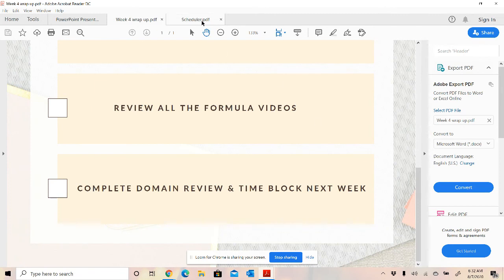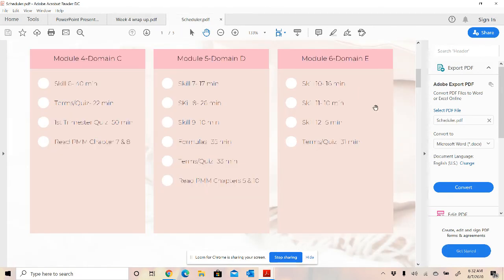I am so excited for next week. Have you peeked ahead? Did you see this? Yes, we have 3 skills, but look, 16 minutes, 10 minutes, 5 minutes. So we have such a small domain coming up, human resources, domain E. It is only 4% of the exam and it's a really quick domain. So we have all week to work on it.